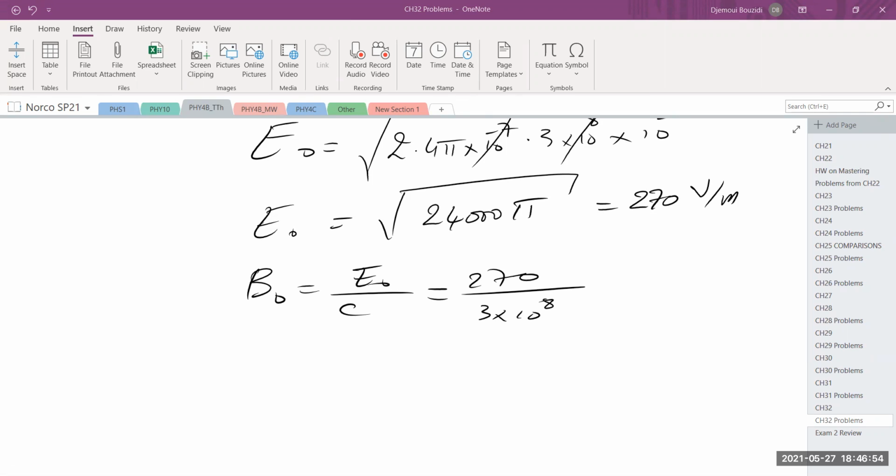The number is 0.92 microtesla. Okay, it's stronger than the first one, honestly, but it's still a tiny magnetic field, even for a laser beam.